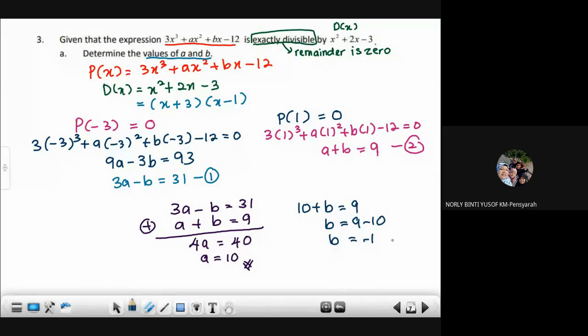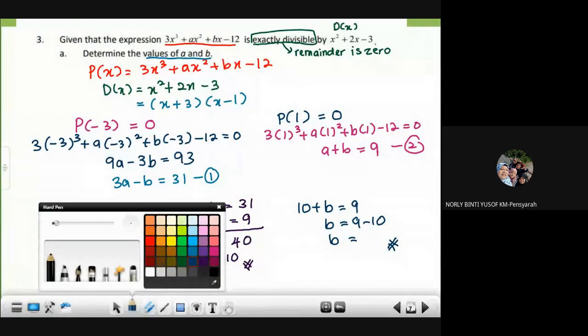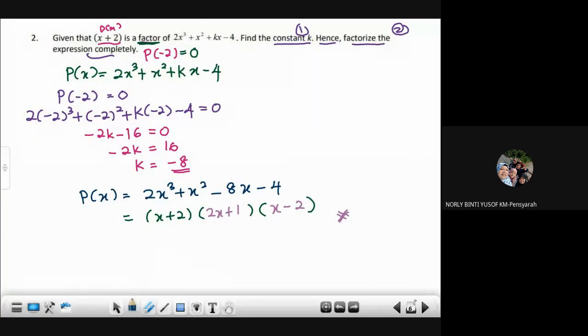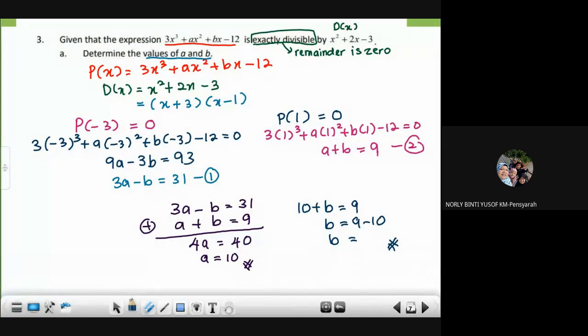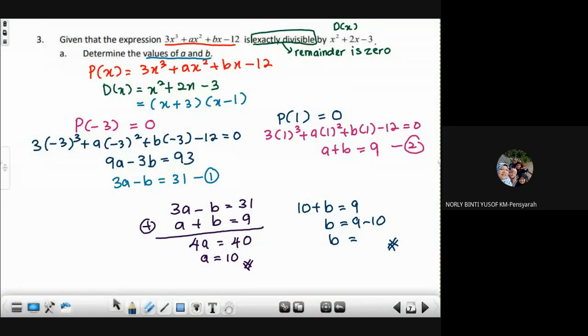B equals to negative 1. So dapatlah menjawab soalan A to find the B and A.